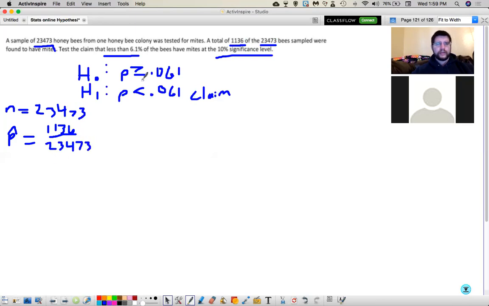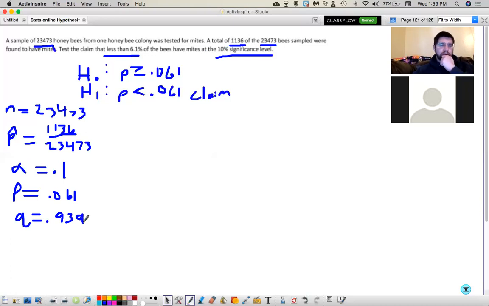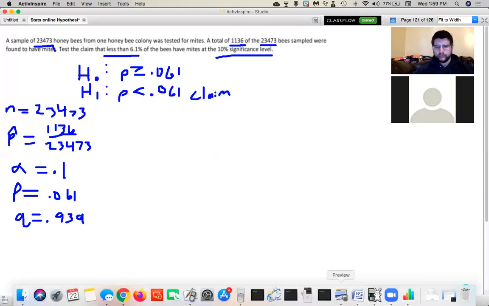We already got P. Alpha is 10%. Let me go ahead and write down what P and Q are. P is right here, 0.061. So Q is 0.939. Remember, they're complements. So 1 minus P gives you Q.